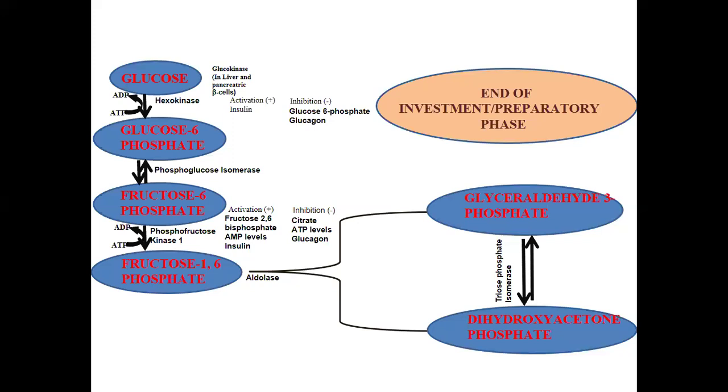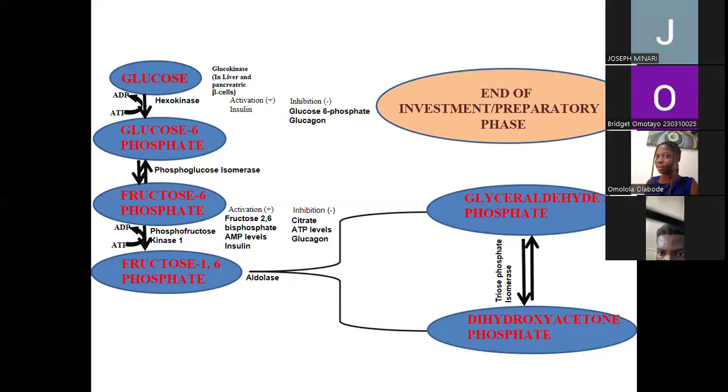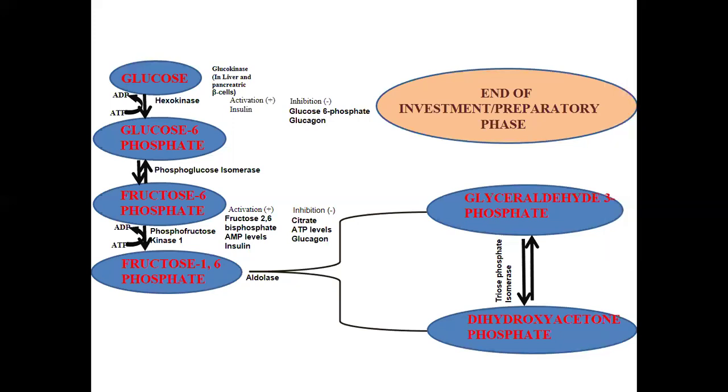We have phase 1, and the name of that phase 1 is called the investment or preparatory phase. That's the first phase we want to consider. So in this particular phase, glucose will break down to glucose 6-phosphate. Glucose 6-phosphate is broken down to fructose 6-phosphate. Fructose 6-phosphate is broken down to fructose 1,6-bisphosphate.